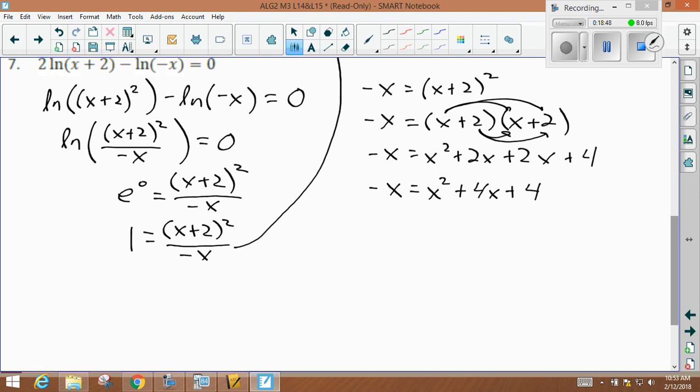And now again, it looks like I got a quadratic, so what should be on one side of my equal sign? How will I make that happen?